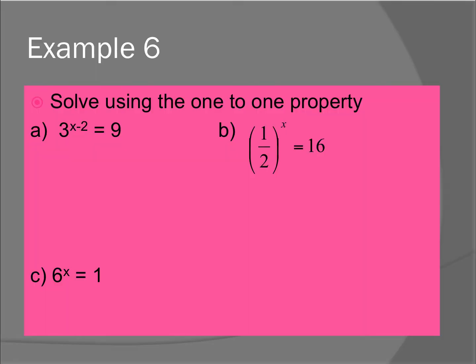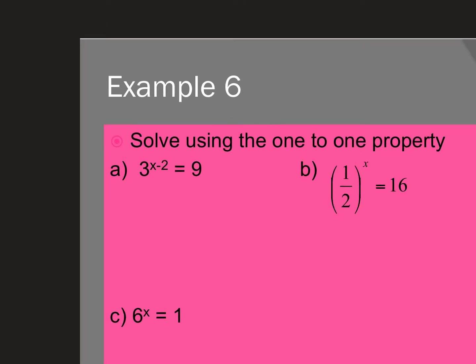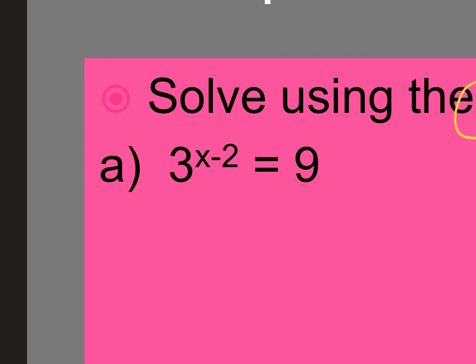So if you look at these sets of problems, it says using the one-to-one property. I just told you, one-to-one property means somehow, mathematically, I can get the bases to be the same. So if I look at A, 3 to the x minus 2 equals 9. What are the bases in these problems? 3 and 9.